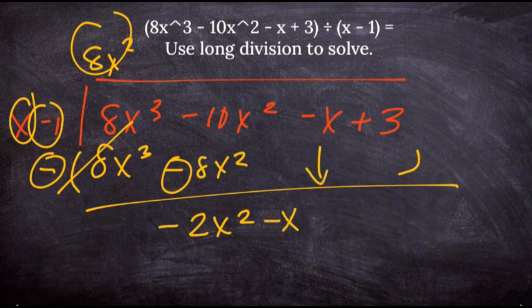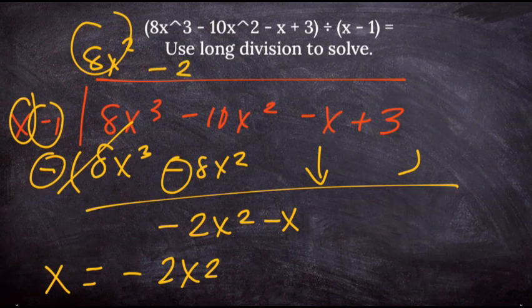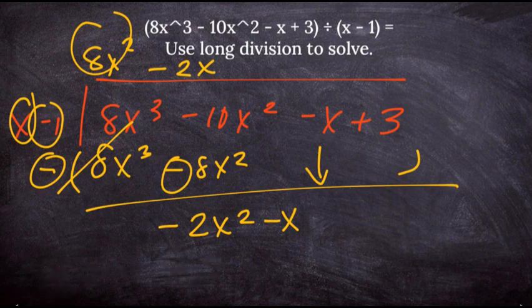Now we have to get x and make that equivalent to negative 2x squared. And for that, we would need to multiply by negative 2x. Alright? That will give us negative 2x squared. And remember, we always have to have an extra negative sign on the outside.